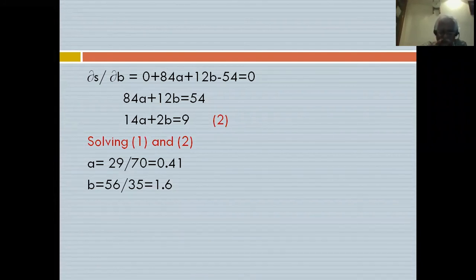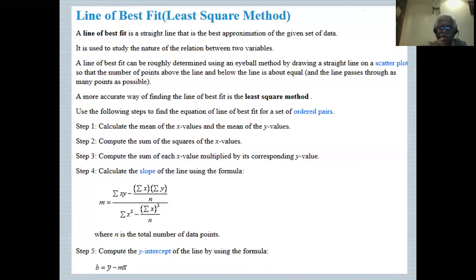This is the mathematical presentation of the best fit. Next, when you do the statistics, you say xy, that is corresponding value, and sigma x and sigma y, total sigma x, and this divided by n, sum of square of x and total sigma x whole square divided by n, that is the value of the n.